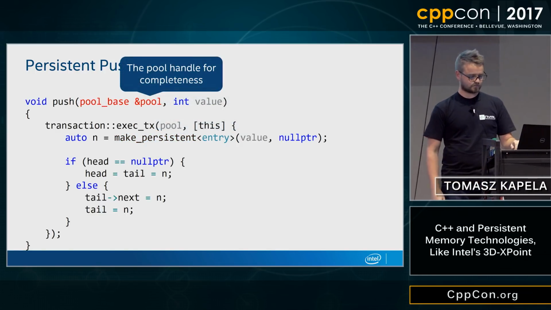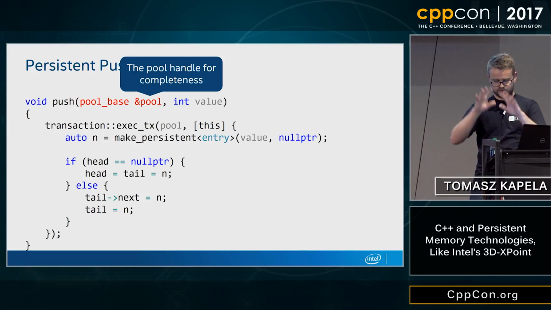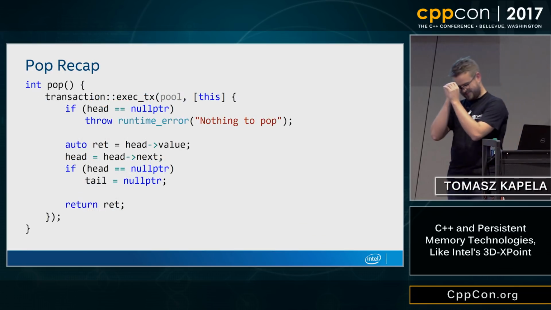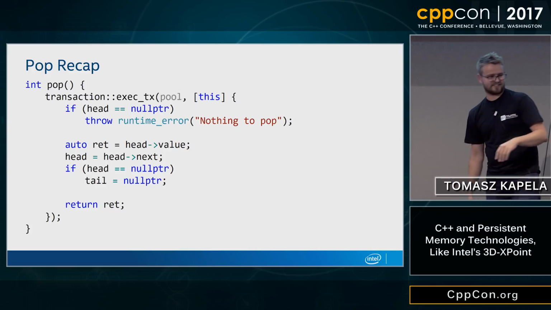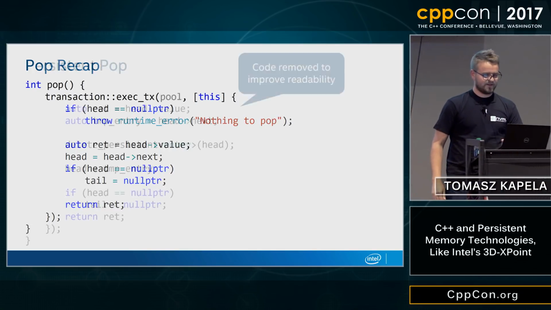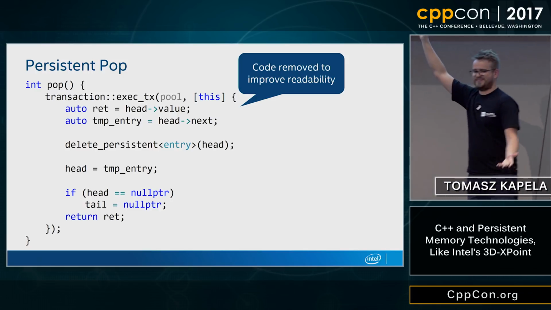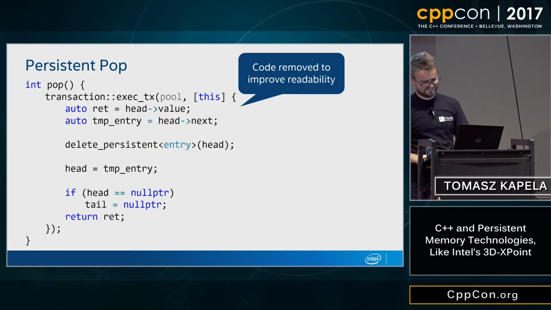It's fine. I'm giving you the pool for completeness so that you have a complete example of how this is implemented. And now the pop, and this is going to be embarrassing. So I removed some code because it didn't fit in the slide. I know you're seeing this.